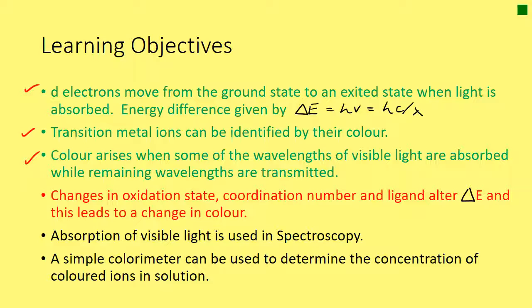For example, we had 6 water ligands attached to our metal ion, so the coordination number affects that energy gap. And also which ligand it is. For example, we had water, it could have been chloride, and that ligand will also affect the energy gap, and therefore the colour. So that's what we're going to deal with in a little bit more detail now, and after that we've still got to do a bit on spectroscopy.